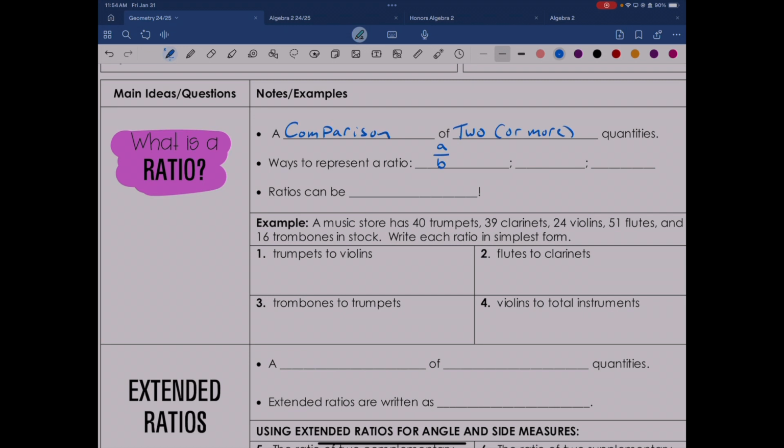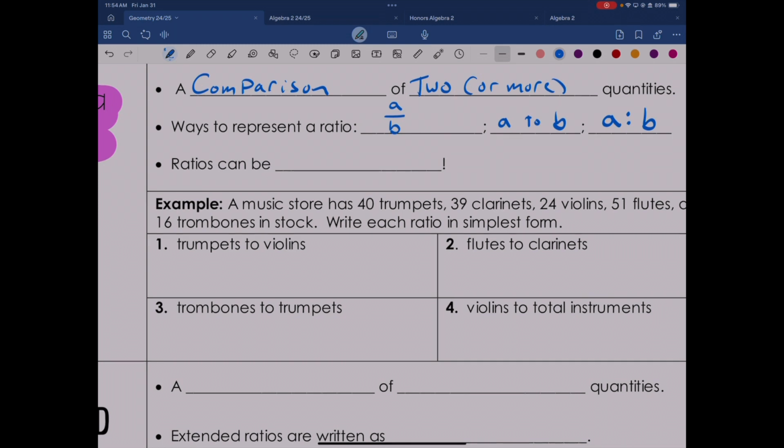Whatever. So it's a fraction, A over B. Another way it can be said is A to B. It means the same thing. Or another way you'll see it sometimes written is A semicolon B. Just all different ways that we represent ratios.